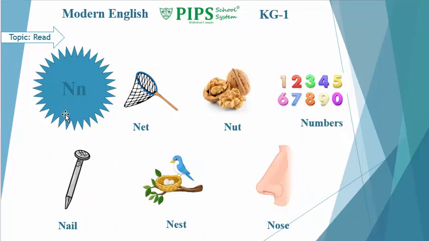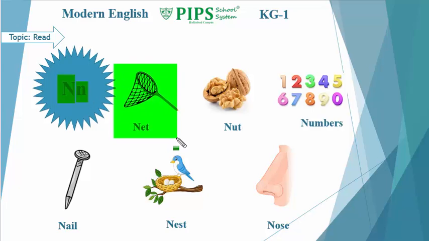The next letter is N. This is a capital letter N and this is a lowercase letter n. Sounds like N. Let's learn which things begin with the letter N. Net. Nut.